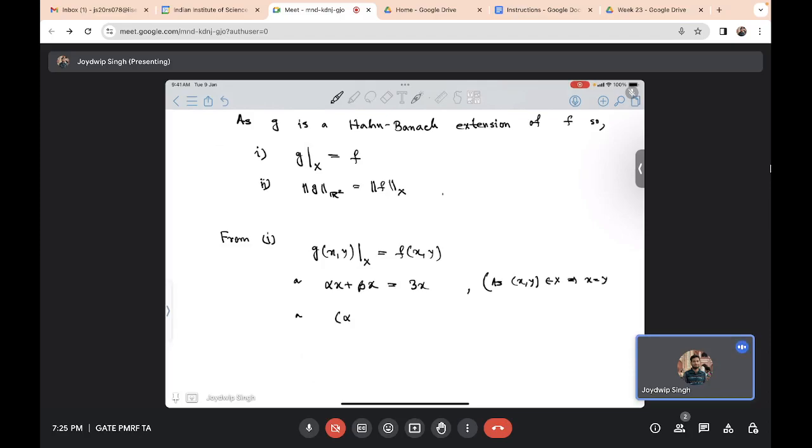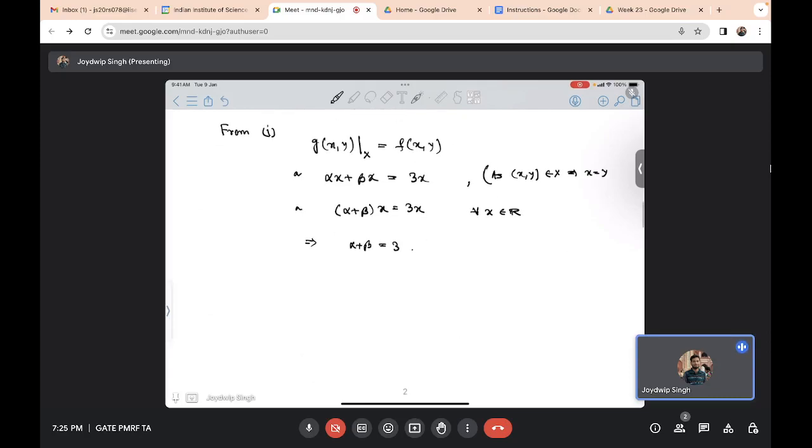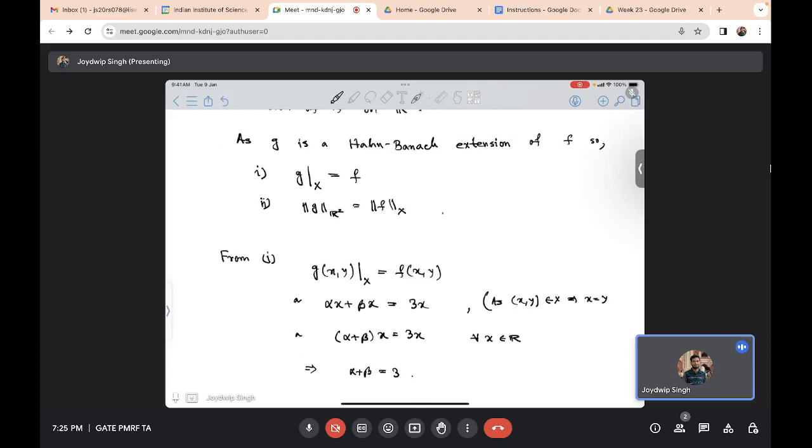So you get alpha plus beta times x equals 3x. So this is for all x in R. Therefore you will get alpha plus beta equals 3. So you get one condition on alpha and beta. Now from 2 we have to deduce another condition, and from there we have to solve for alpha and beta.